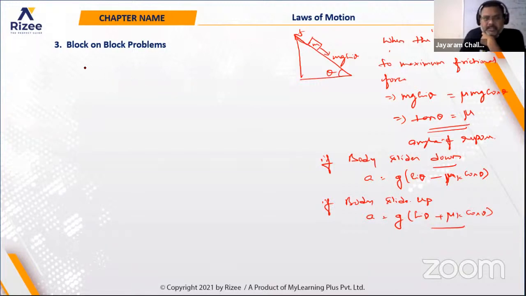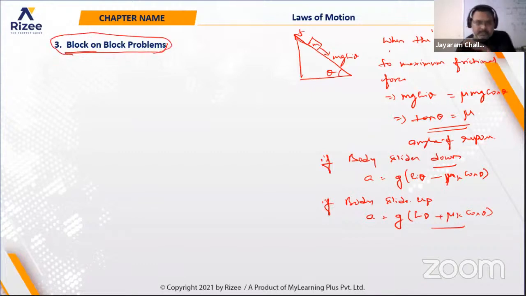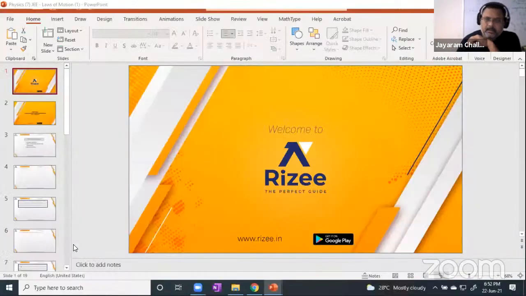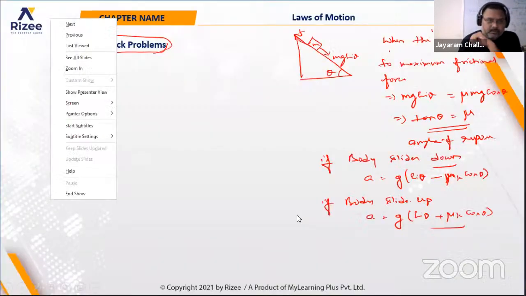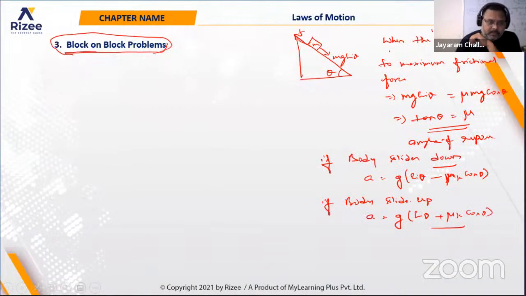I'm not going for the block on a block now, I might take another case here. So acceleration a is equal to g into sine theta minus mu cos theta.